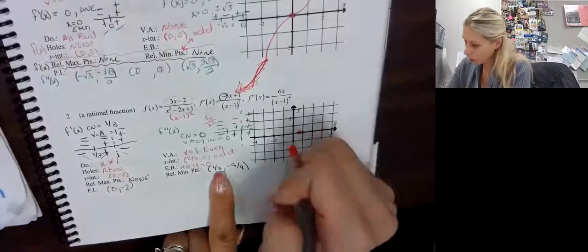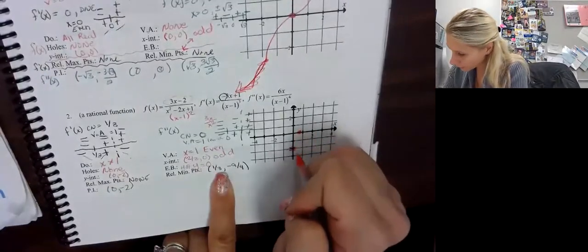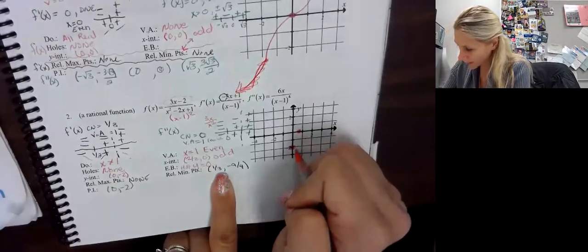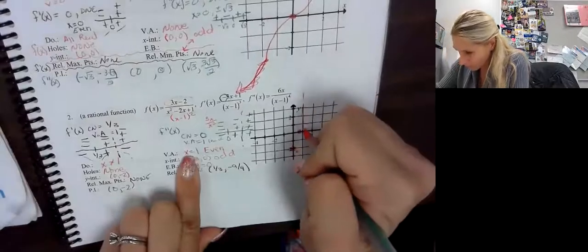Okay, I have a relative min at 1/3, negative, so somewhere down here, right? Okay, now I also want you guys to keep in mind, we want to do our vertical asymptote, which is at 1. And we have a horizontal asymptote at 0.